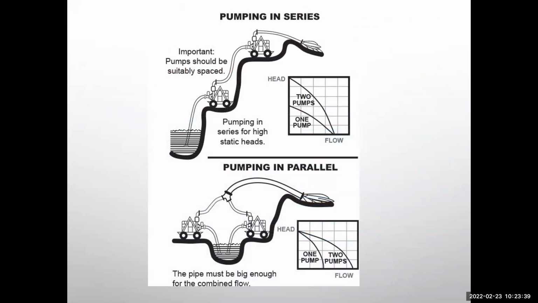So pumping in series and pumping in parallel, this is the schematic diagram here. Now I need to let you know one thing. In this picture, you see these pumps are located at different elevations, right? But those who went to the lab on Monday, did you see that the pumps were at the same elevation in our lab?